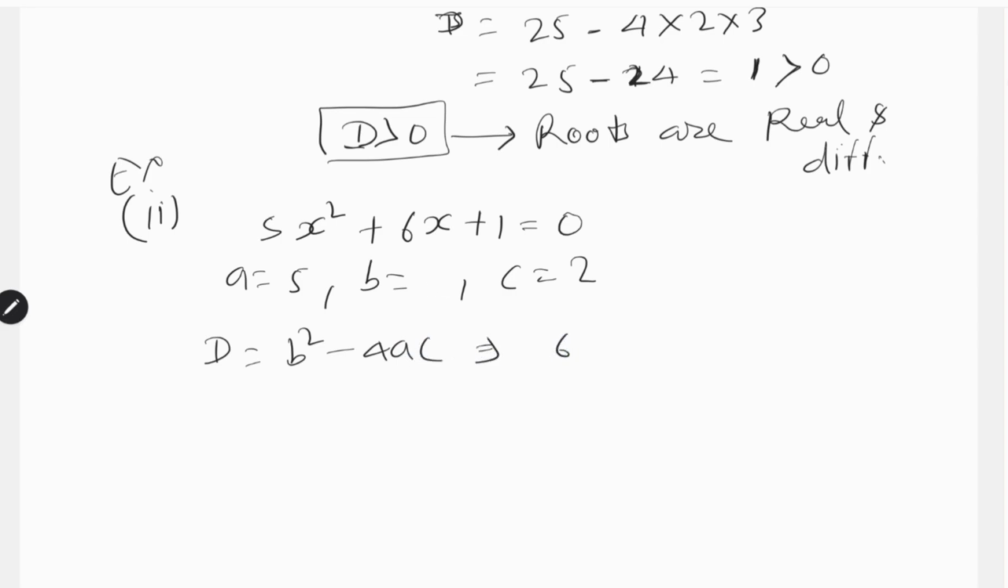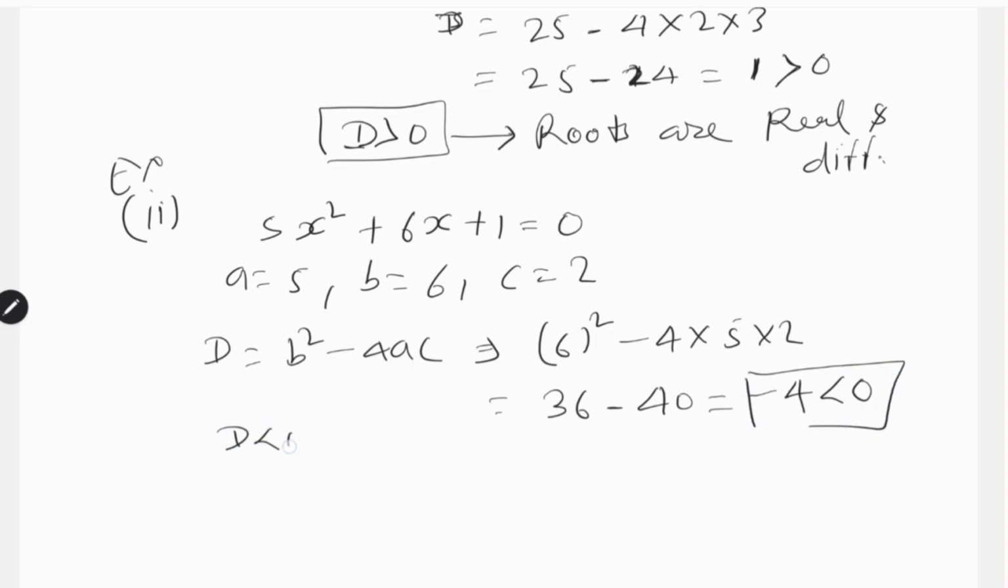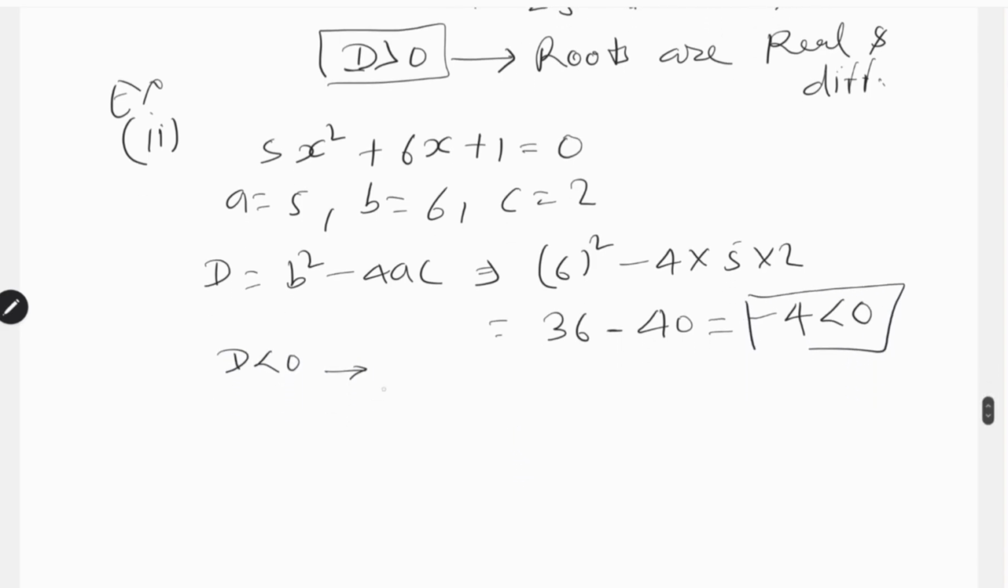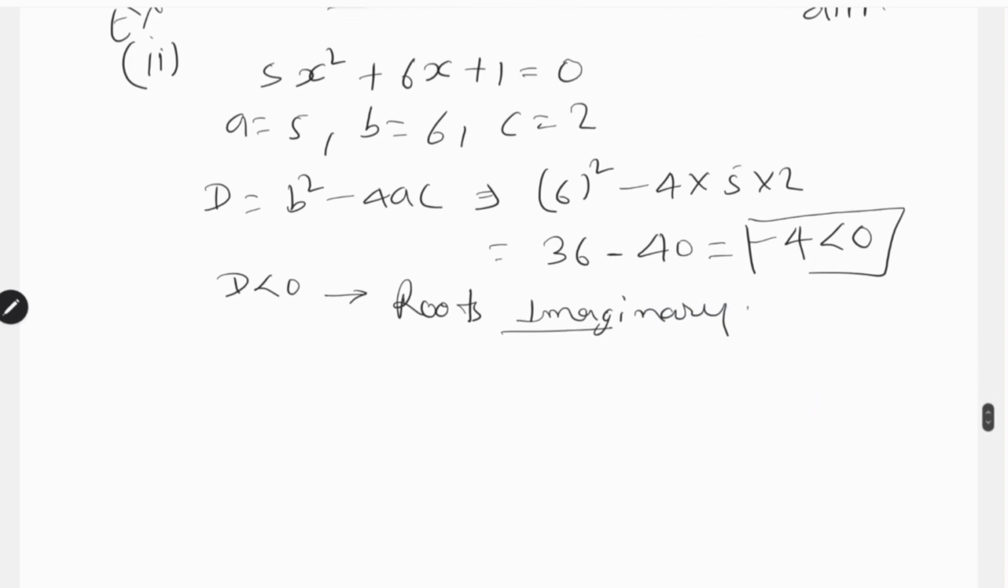B is 6, so 6² - 4ac = 36 - 40, which equals -4. That is less than 0, so D is less than 0. If D is less than 0, then the roots are imaginary.